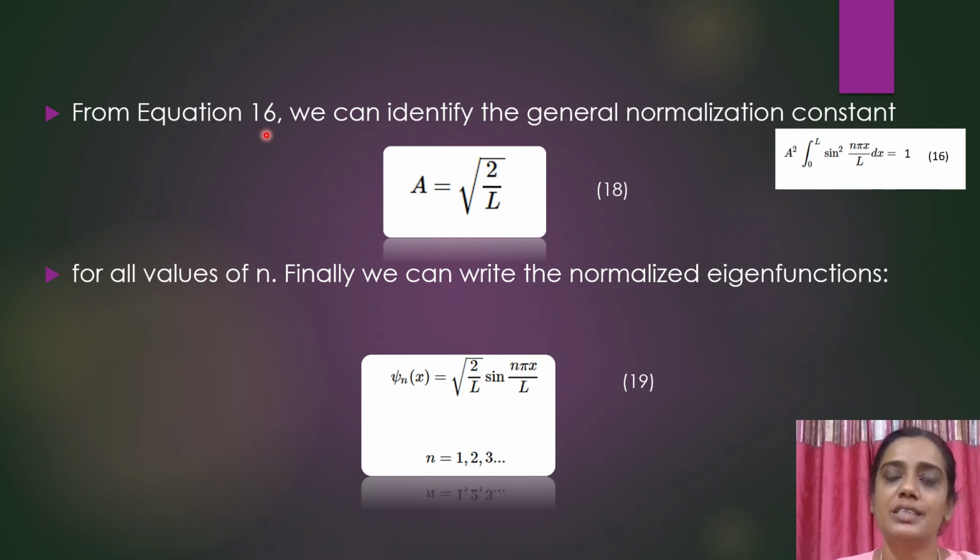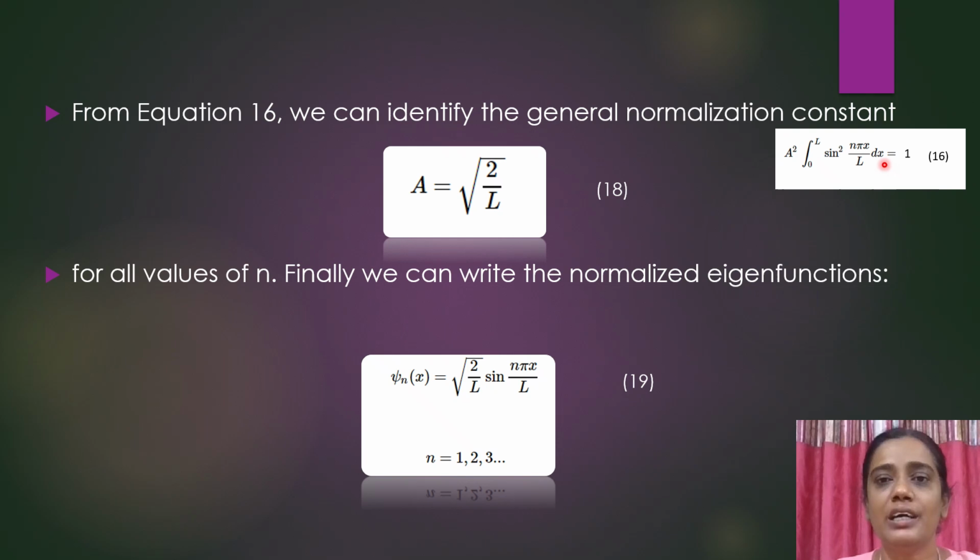From equation 16, that is, A squared times the integration over 0 to L of sine squared n pi x by L dx equals 1, we have just now found the value of the integration term as L by 2. So from this we can identify the general normalization constant A. When we substitute A squared L by 2 equals 1 and keep only A squared on this side, it goes as 2 by L on the other side.